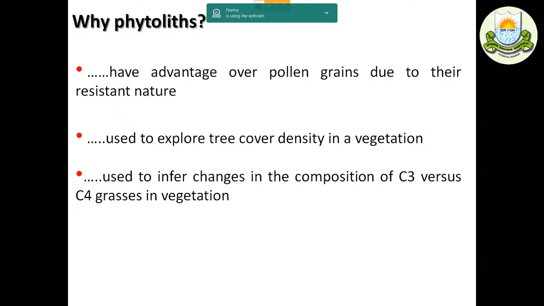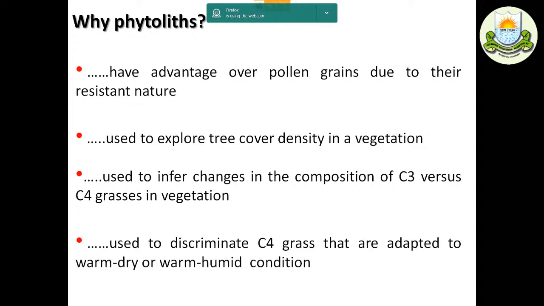Phytoliths can identify this, because photosynthetic pathways are responsible for ecological differences. Among C4 grasses they can also discriminate warm humid loving grasses and warm dry loving grasses. So these are the advantages of phytolith study.